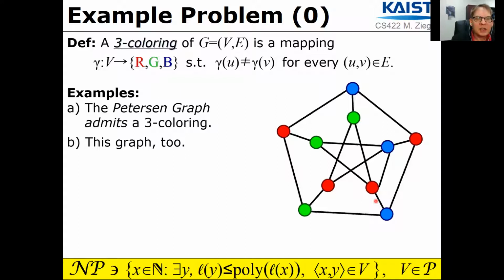Now let's continue this example and consider an even more restricted version of the Peterson graph, namely by throwing in yet another edge.